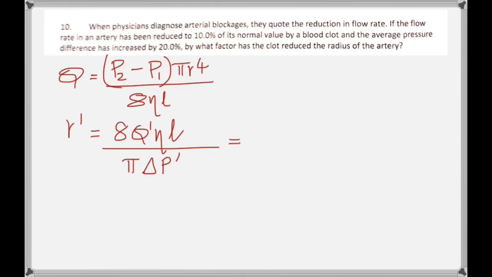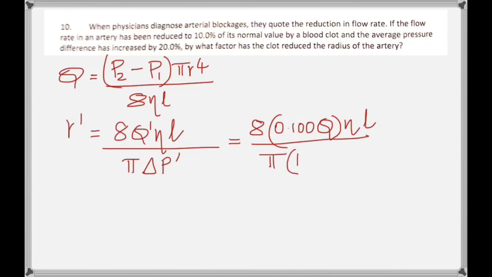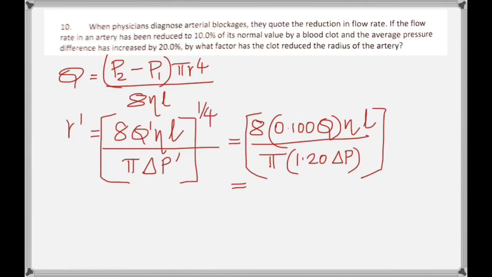So the radius has changed, therefore the flow rate has changed, and the pressure has changed. The viscosity and length are the same, right? So this whole thing should be raised to 1 by 4, because you have to take the fourth root to get the radius.